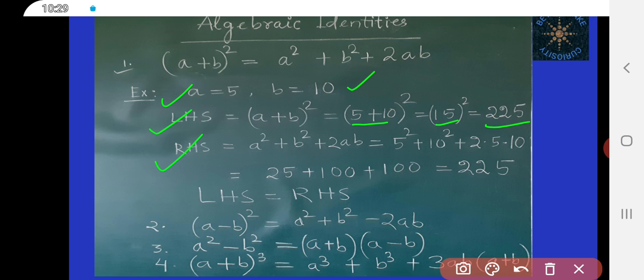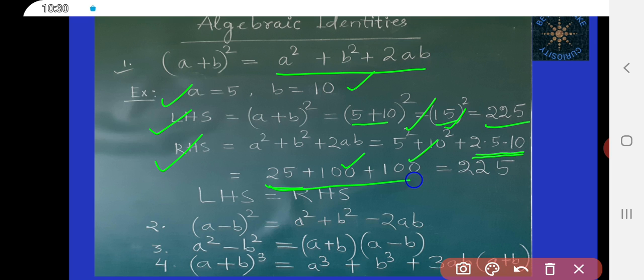RHS is a square plus b square plus 2ab. Put a as 5 and b as 10: 5 square plus 10 square plus 2 into 5 into 10. 5 square is 25, 10 square is 100, and 2 into 5 into 10 is also 100.